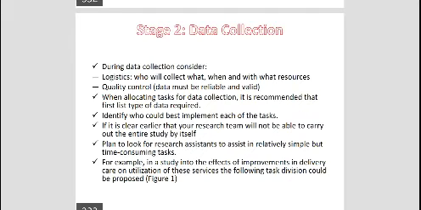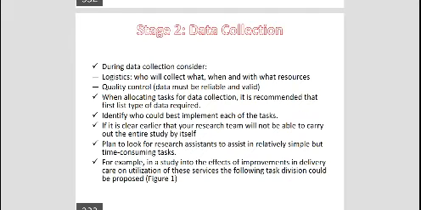When allocating tasks for data collection, it is recommended that you first list the type of data required. You should understand this. Also, you should identify who could best implement each of the tasks.